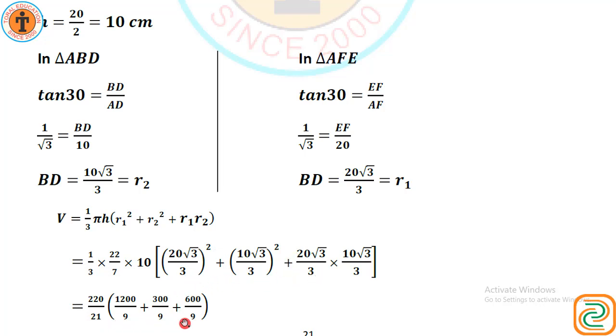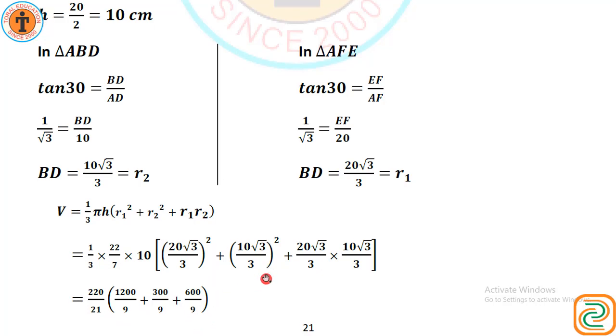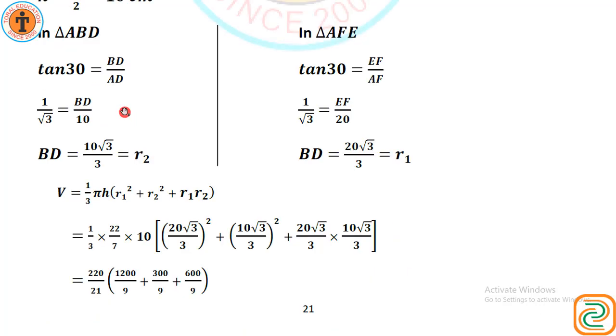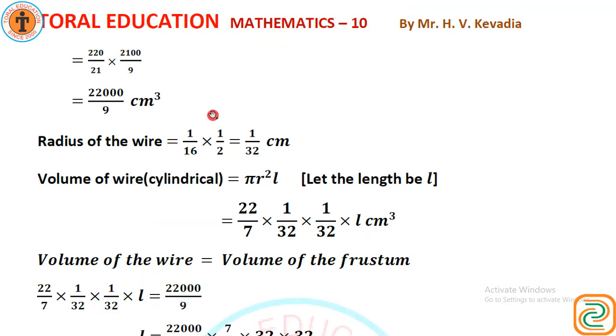So we have 9 in all denominators. Now 220 by 21. If we add all of this upon 9, 2100 upon 9, 2100s are 21. So 22000 upon 9. This is the volume.